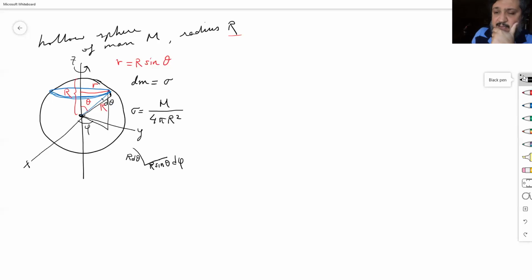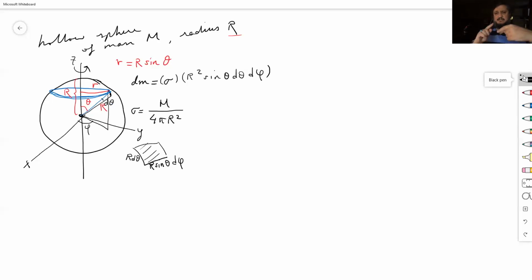So by doing that, this becomes my differential area element. And if I multiply it by the density, I get the mass contained in that area, right? So sigma times r squared sine theta d theta d phi.